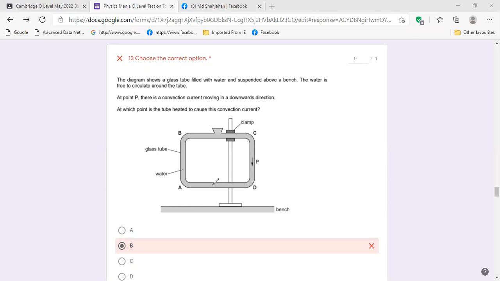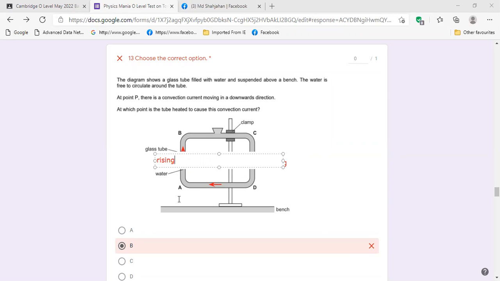It's about the circulation. Is it clear now how the convection process is going? So we understand here it is sinking down, and here it is rising, right?